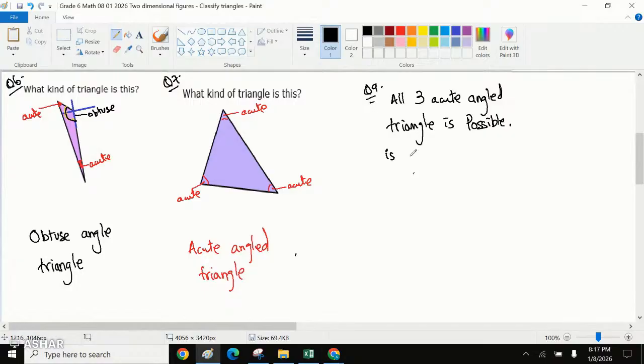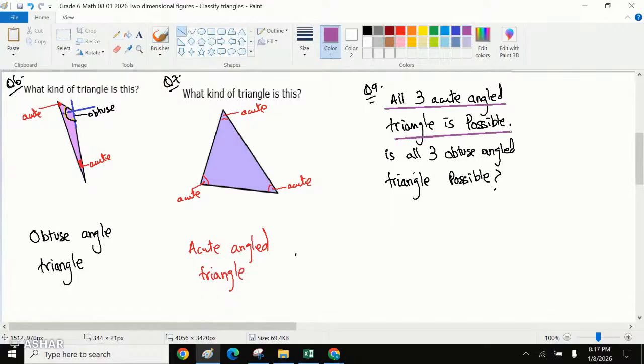But is all three obtuse angled triangle possible? For the first statement, we already have the answer. Okay, this can be a reference point.